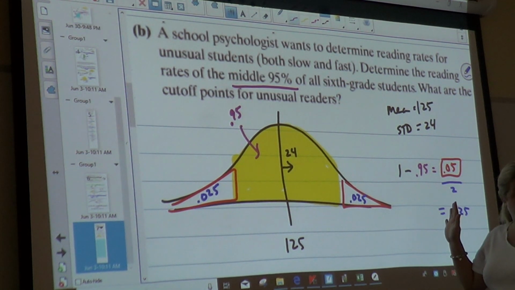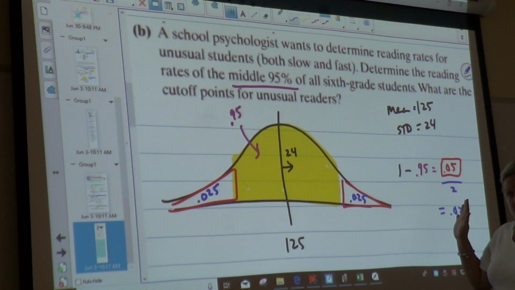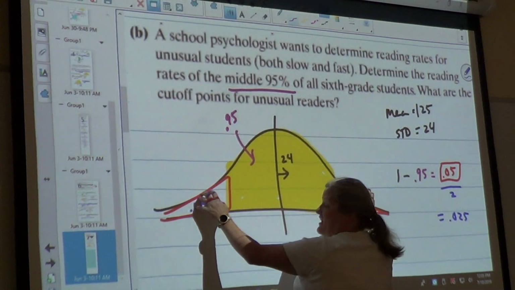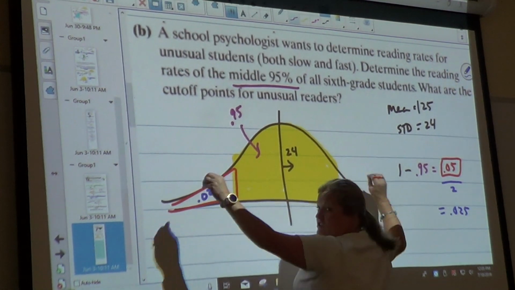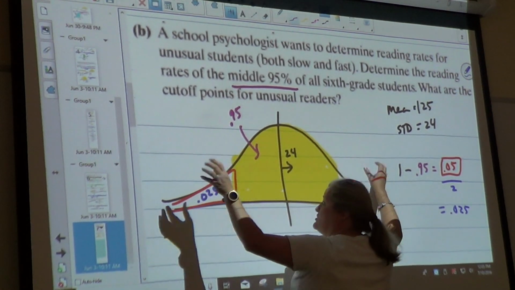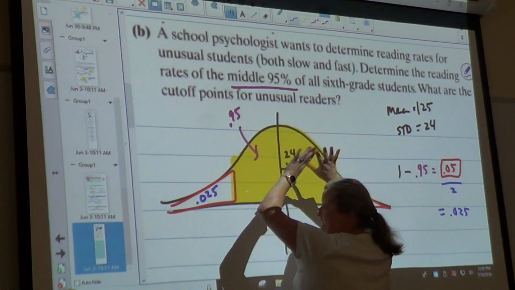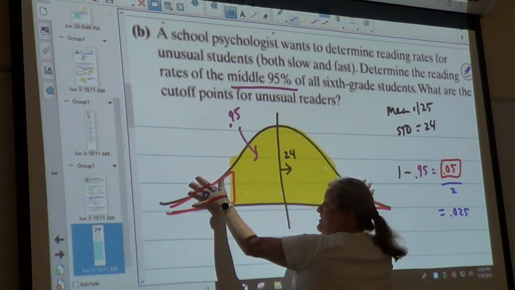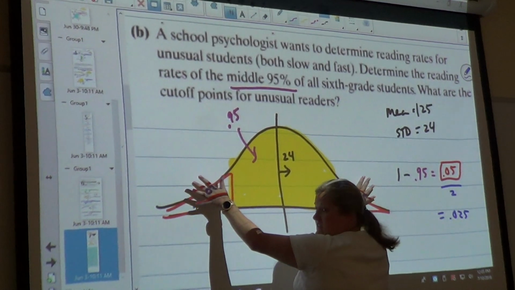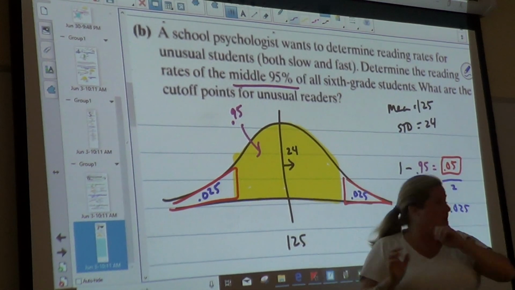Are we good? 95% shading plus 5% shading gives me the 100% shading. And because this is a normal distribution, that means it's symmetric like a butterfly. Which means if these together are 5%, then it's 5 cut in half, or 2.5% and 2.5%.